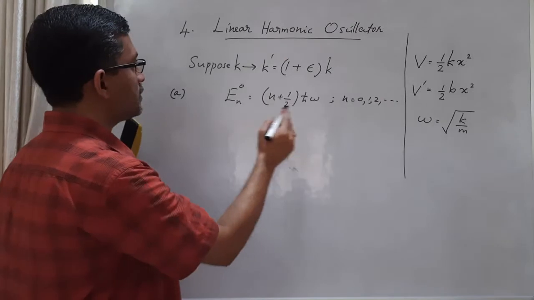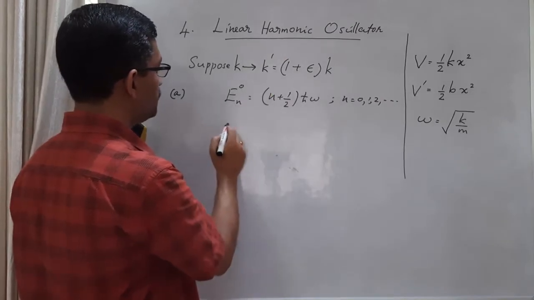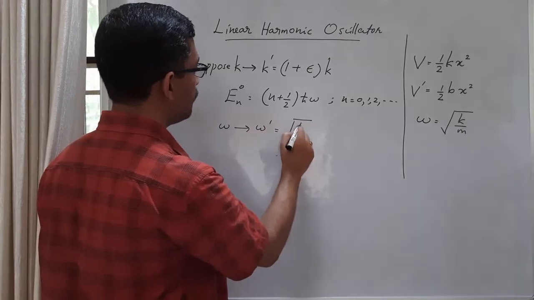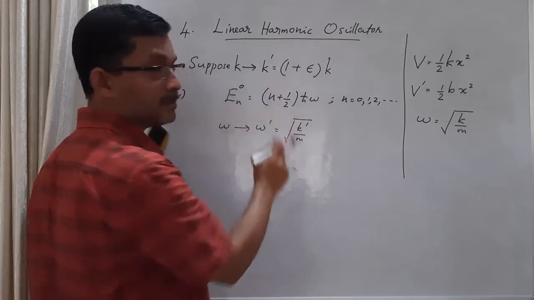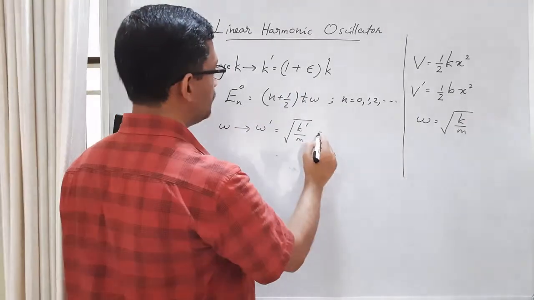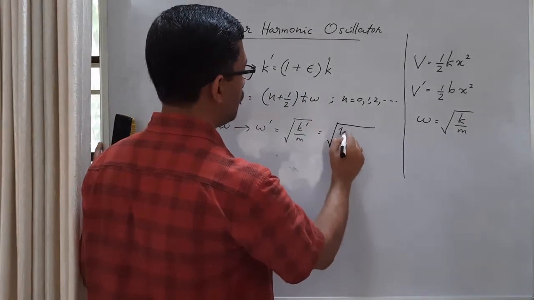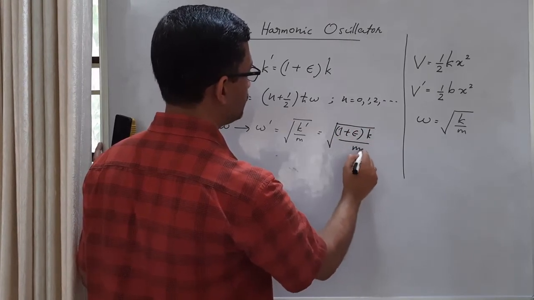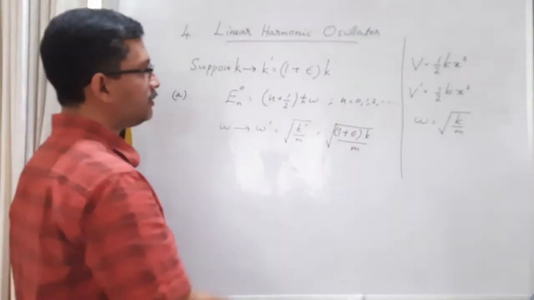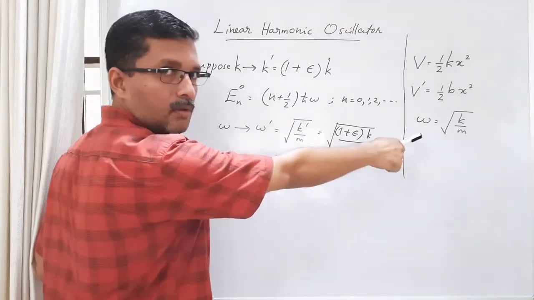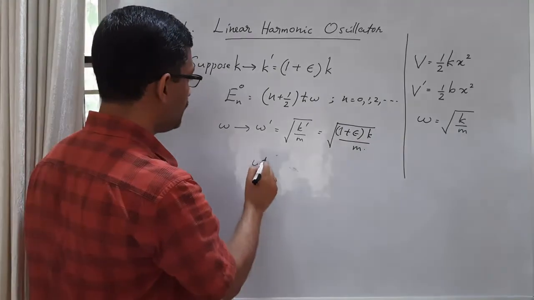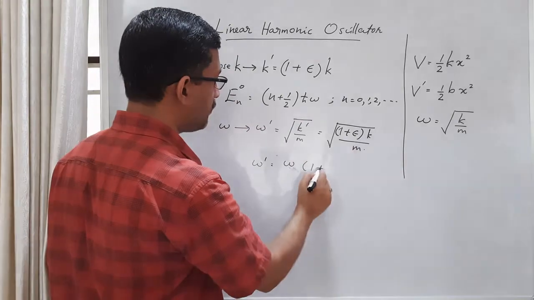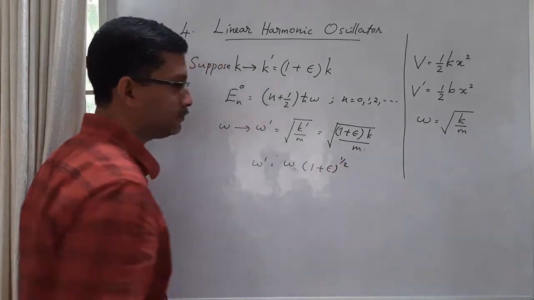When the force constant changes, omega also changes to omega prime, which is equal to square root of k prime by m, where k prime is the new force constant. So let us substitute: square root of (1 plus epsilon) times k divided by m. In this, square root of k by m is the old frequency, so omega prime is equal to omega times square root of 1 plus epsilon, which I can write as (1 plus epsilon) raised to half.